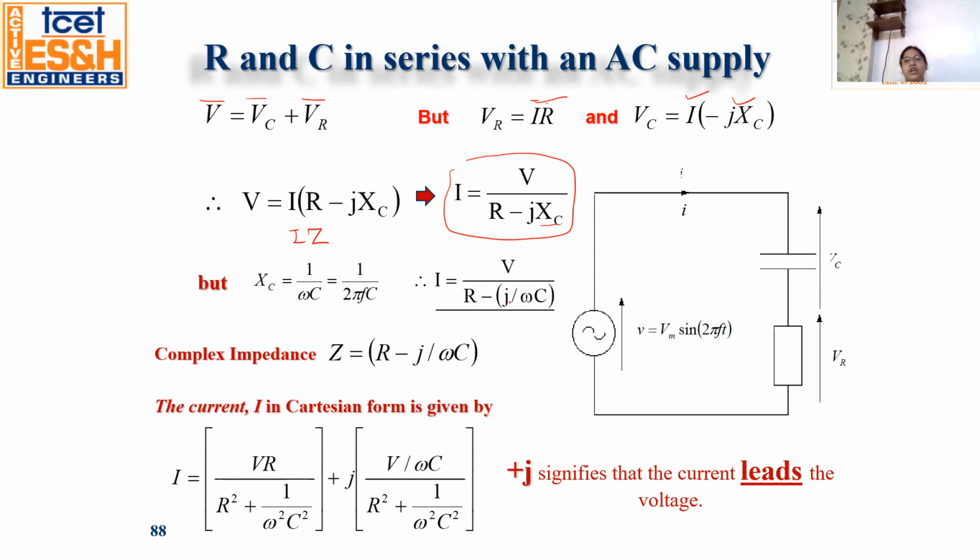So you write j as it is, and 1 by omega C here.